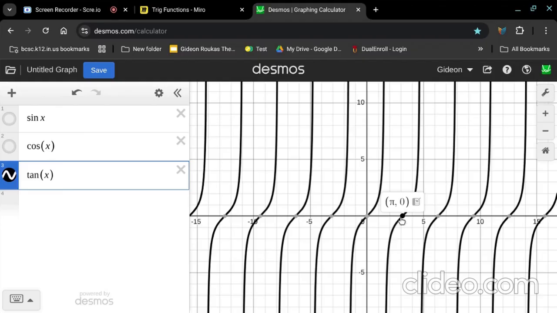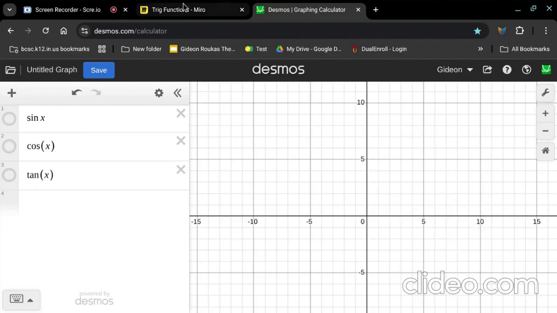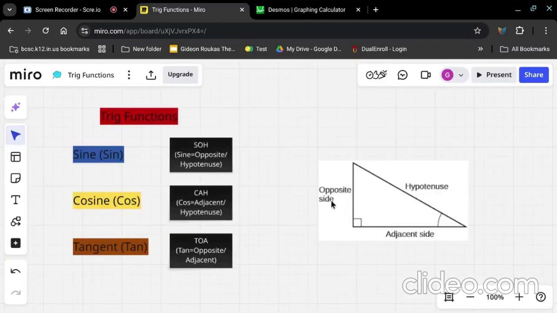And then it'll reset right here at every interval of pi. As you can see, 2 pi, 3 pi, 4 pi. And generally, that's in what's called radians, which you'll learn about later on. But for the most part, you'll just input degrees into these functions.